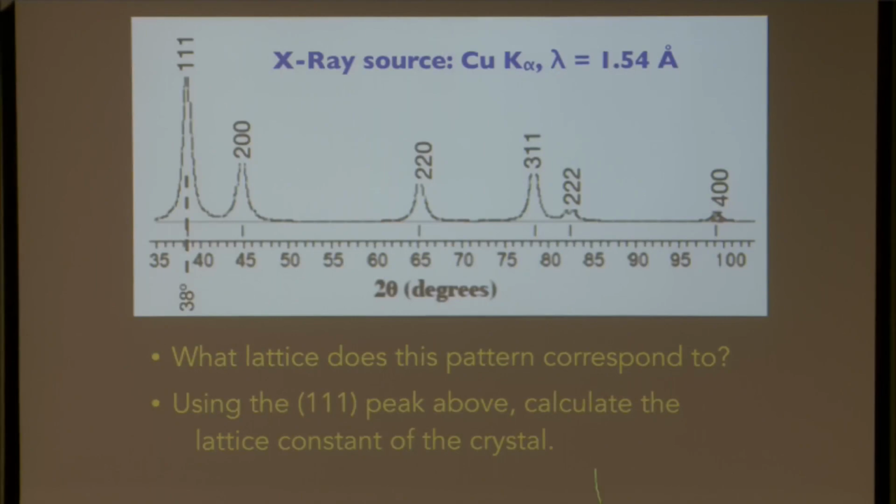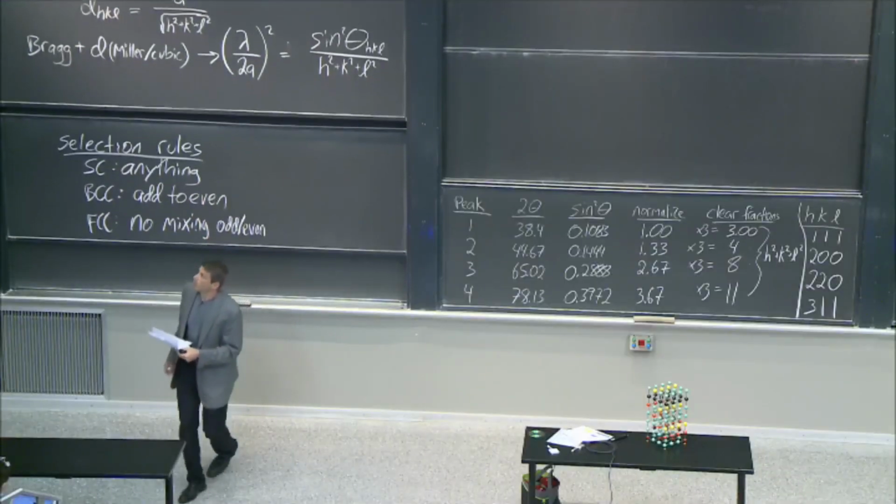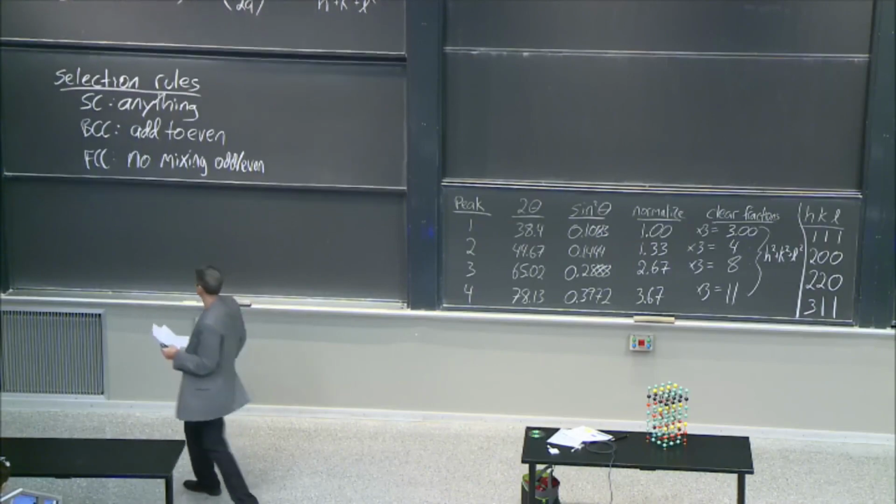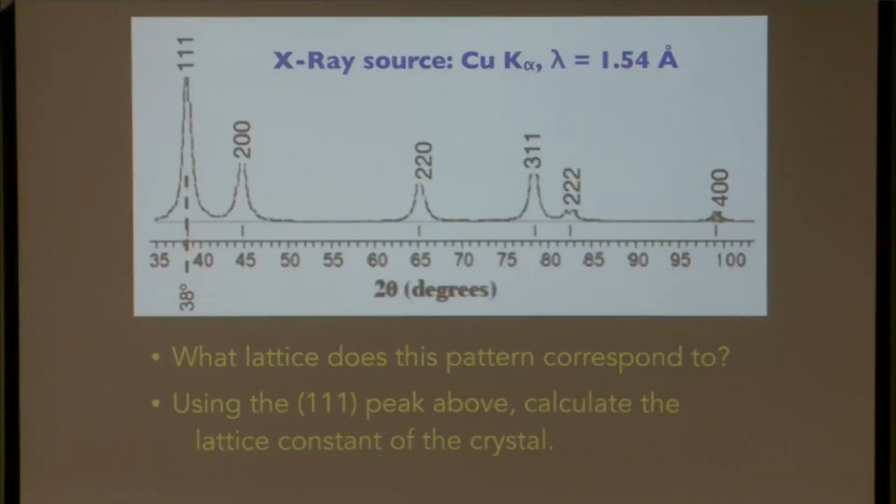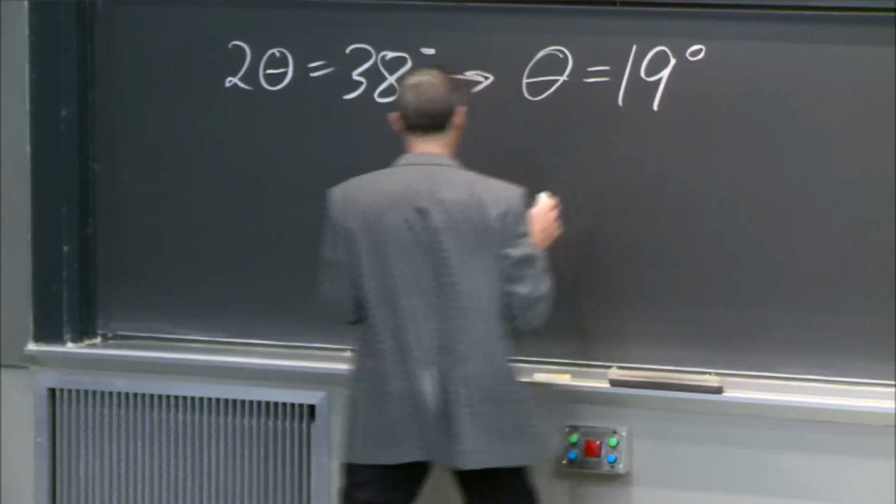And then I say, well, okay, use the 111 peak to calculate the lattice constant. Well, we can do that. The 111 peak is even labeled there, it's at 38 degrees. So 2 theta is 38 degrees, which means theta is 19 degrees.